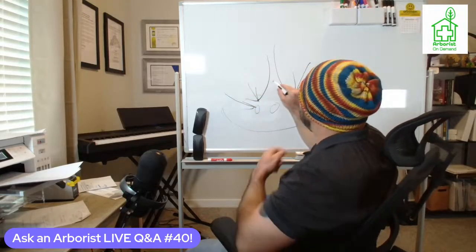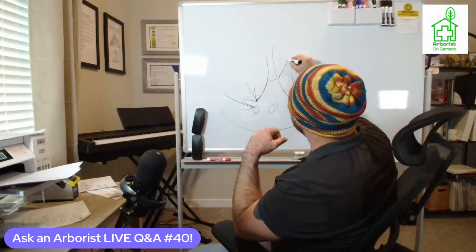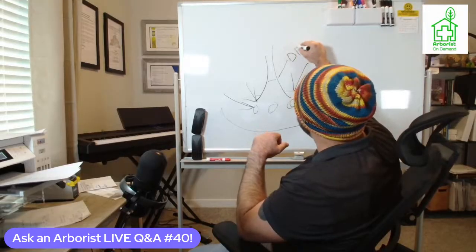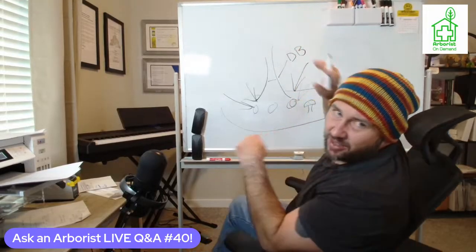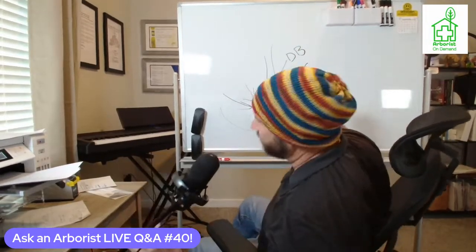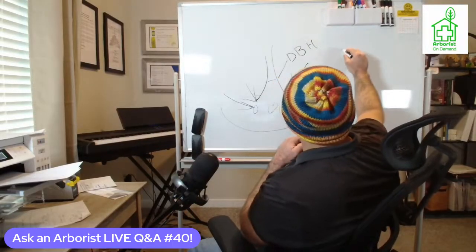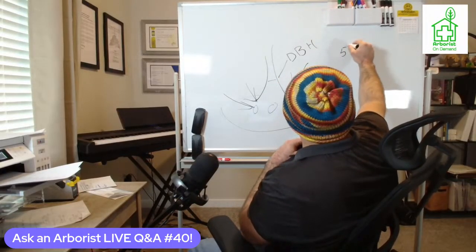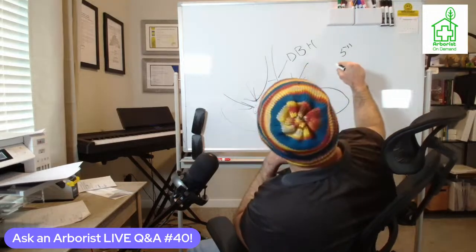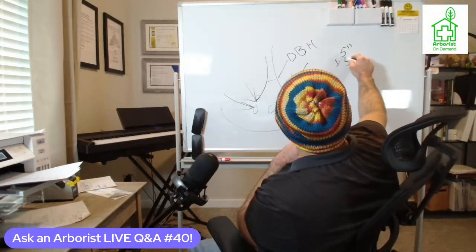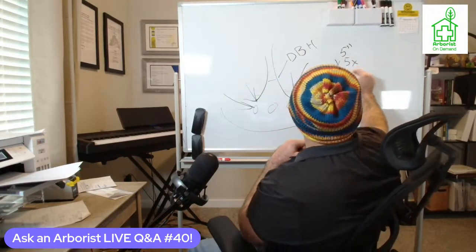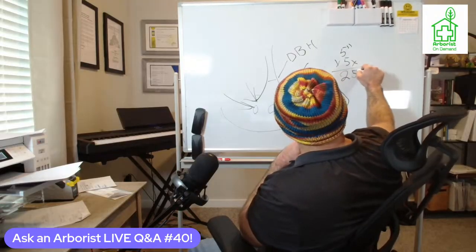And what you could do is take the trunk diameter, we call it DBH, diameter at breast height, or at 4.5 feet above the soil grade. You take that number, let's say it's 5 inches in diameter, and you multiply that by 5x, and what you get is 25 inches.